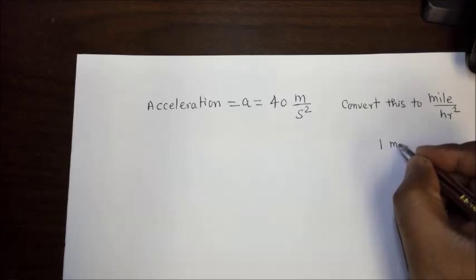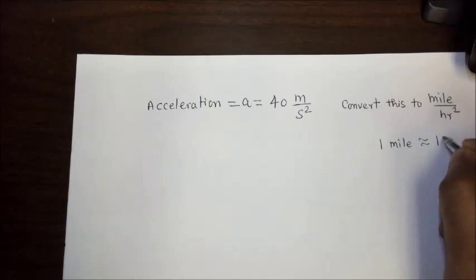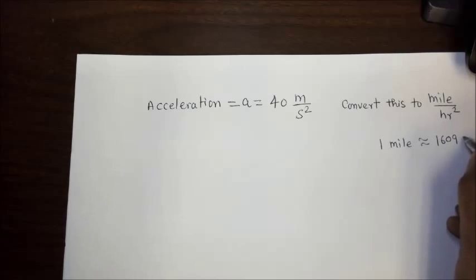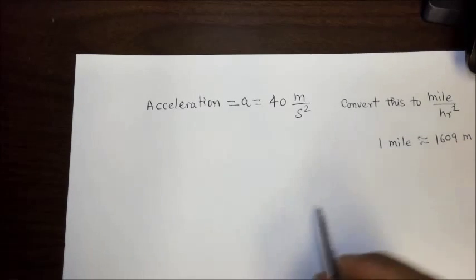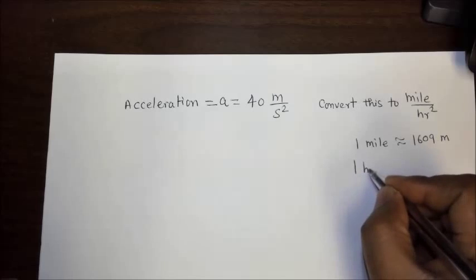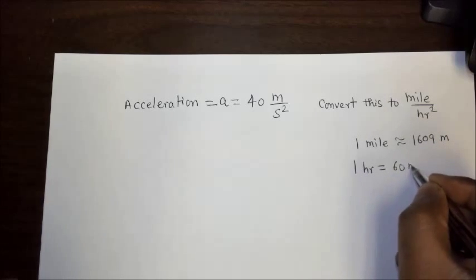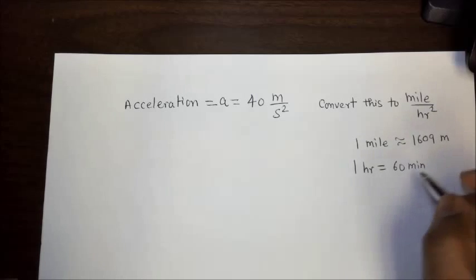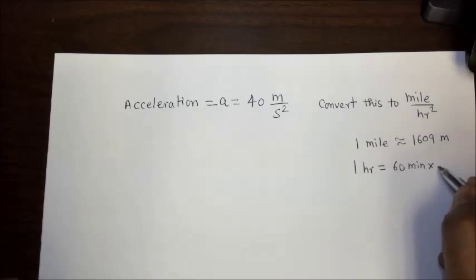1 mile is approximately 1609 meter. One hour has 60 minutes, and I need to convert to seconds, so each minute has 60 seconds.